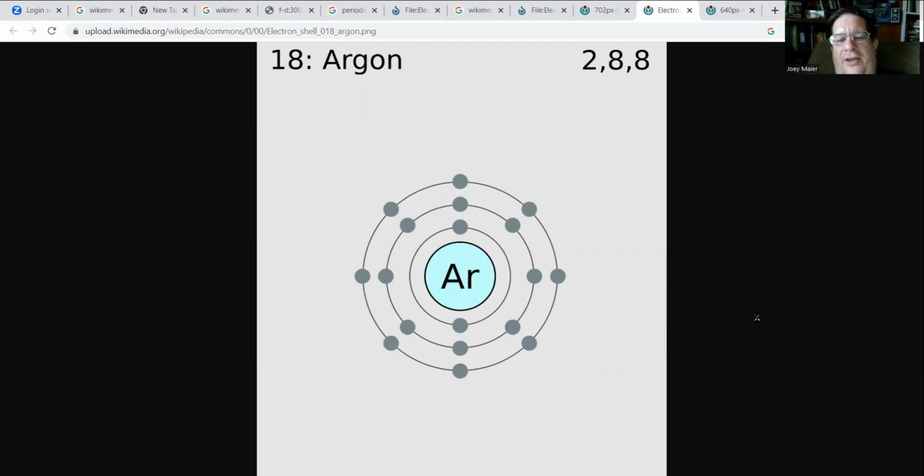All right, so argon has 2, 8, and then 8 again for the valence layer. You might think, oh, well, if we went to the next number, we would just add it to this valence layer and then have 9. But no, atoms want 8 if they can achieve it. And argon's got it.